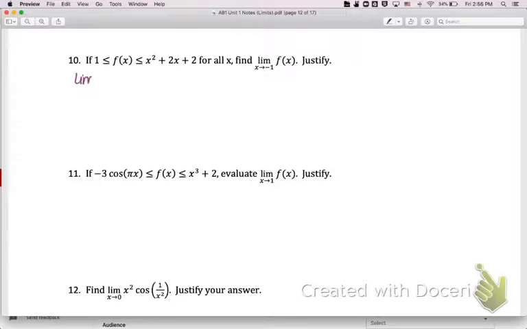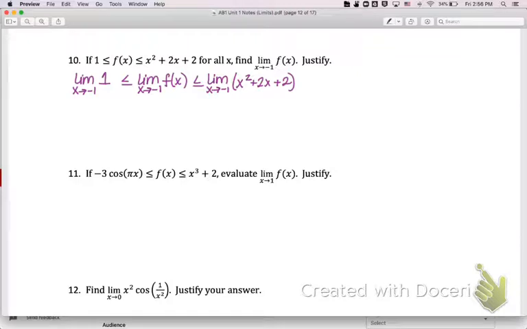So I'm going to take the limit as x approaches negative 1 of 1, less than or equal to the limit as x approaches negative 1 of f of x, less than or equal to the limit as x approaches negative 1 of x squared plus 2x plus 2.